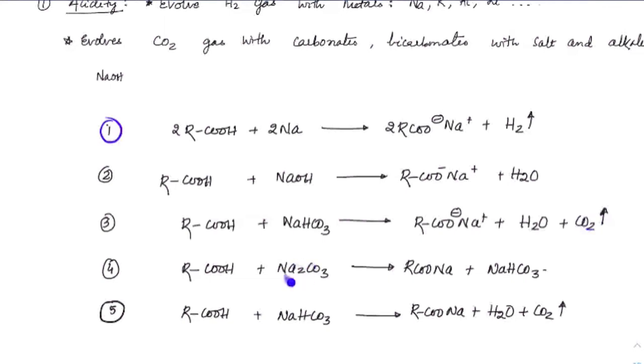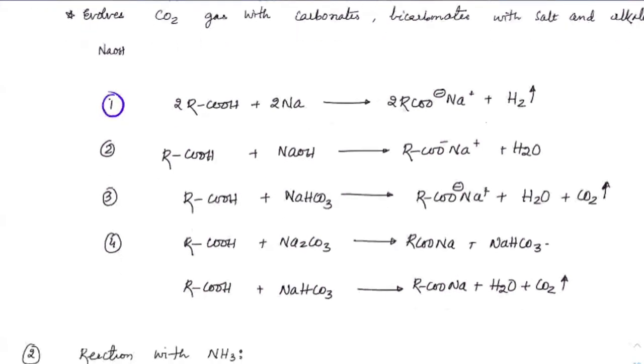And if you treat that with Na2CO3, first it will form NaHCO3. Depending upon how much acid you are adding, it will further react with NaHCO3 and you will get this product. Got it? H2O plus CO2 is formed. Clear on that, everyone? Right.